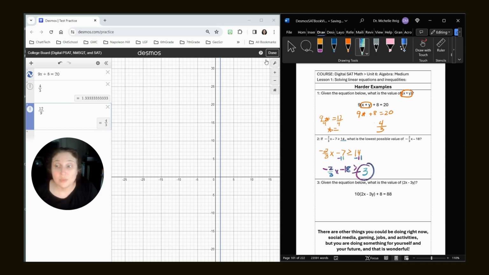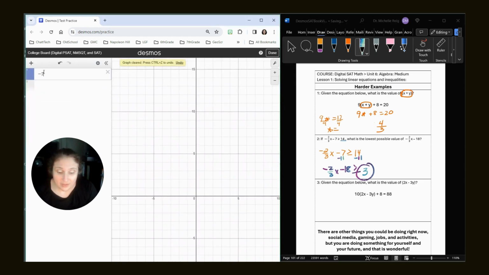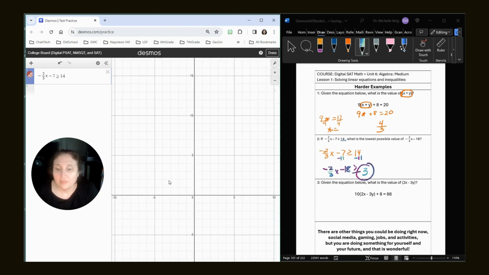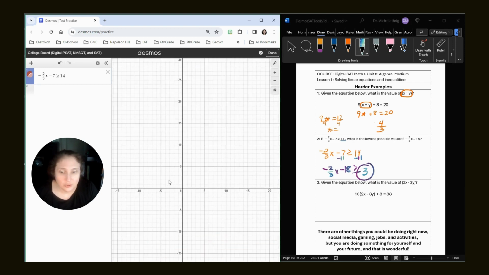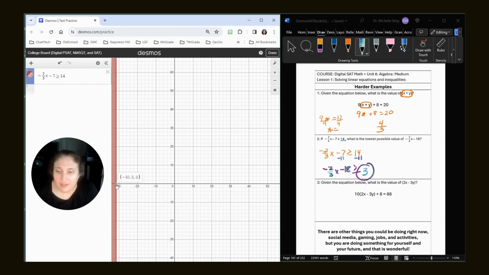The way that you could do it with a Desmos calculator is you could just type it in. Negative 2/3 x minus 7 is greater than or equal to 14. And we would just scroll and we would get the value of x has to be negative 31.5.